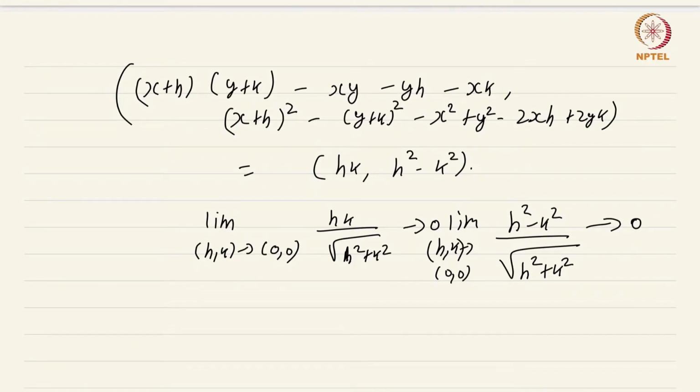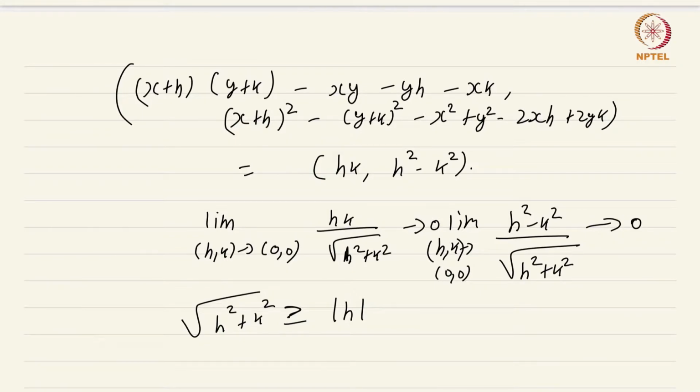Now to show that the first term goes to 0, we just have to use the fact that root of h squared plus k squared is greater than or equal to mod h. And that will immediately show that the first term goes to 0.